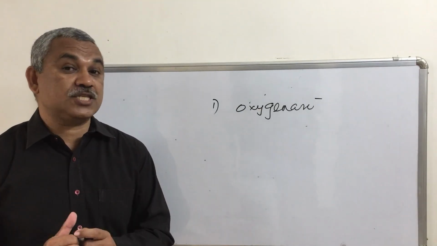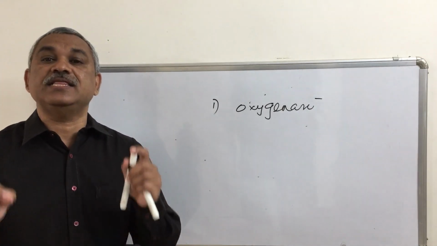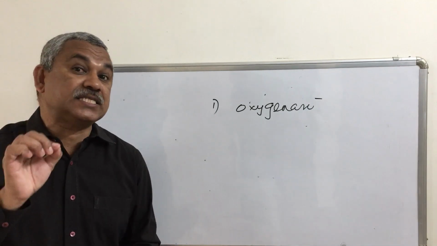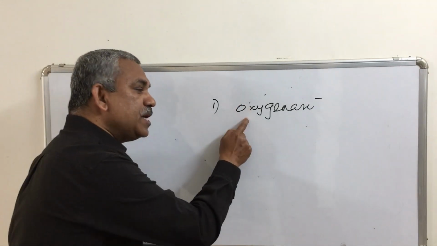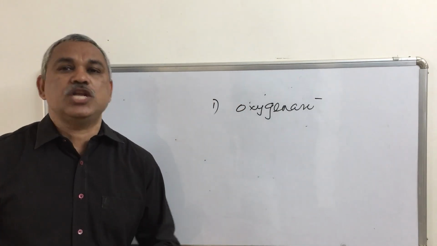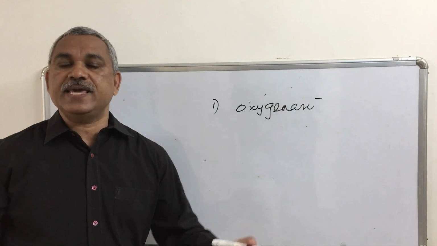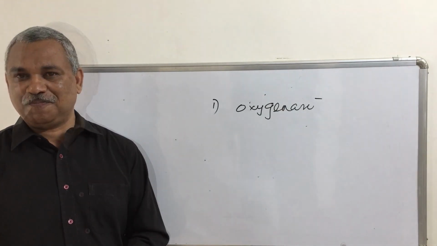Why was it not successful? The carboxylase and the oxygenase capacity are at the same active site. Therefore, knocking out this activity means we are also knocking out the carboxylation activity.